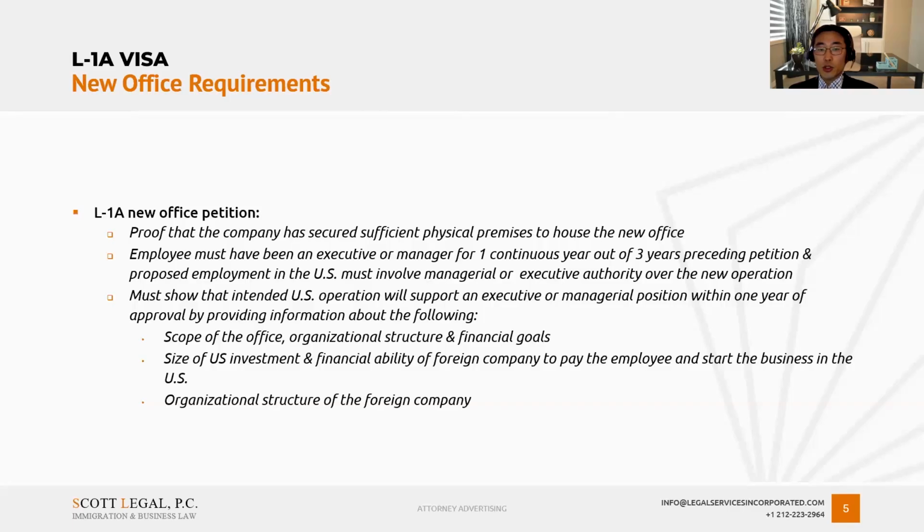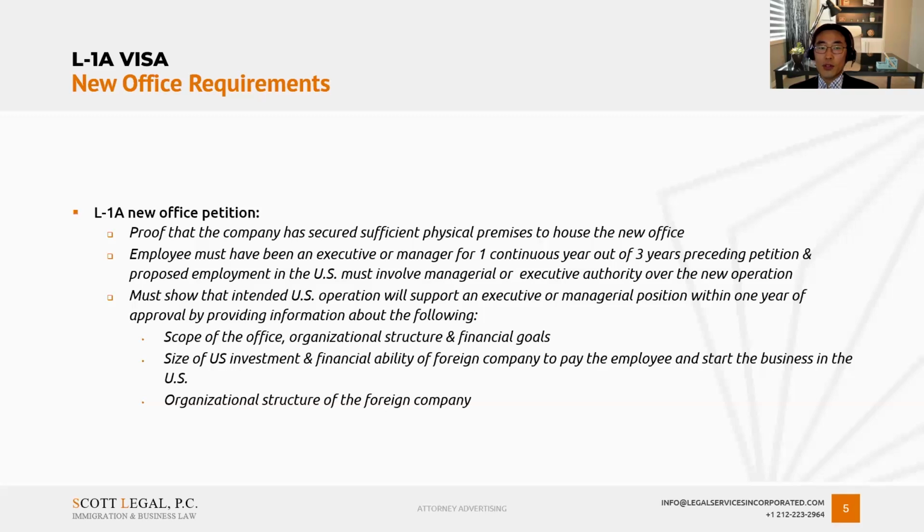However, you must show that the intended US operation will support an executive or manager position within 1 year of approval. So USCIS will want to see information related to the scope of the office, organizational structure, financial goals, size of the US investment, the financial ability of the foreign company to pay the employee and start a business in the United States, and the organizational structure of the foreign company.